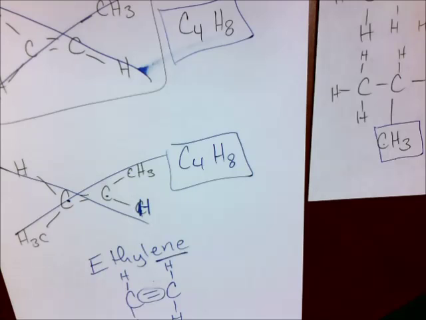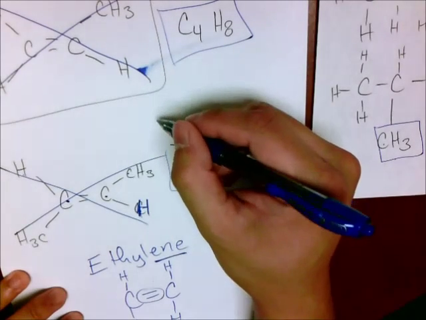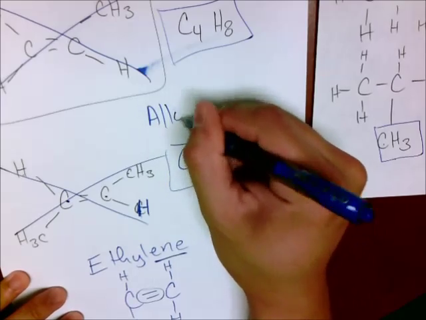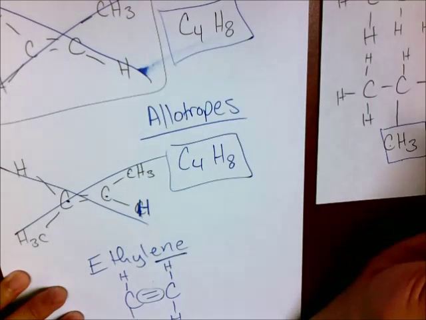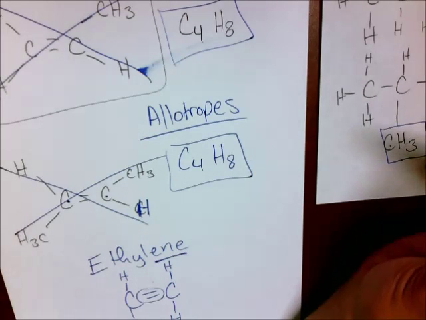Just keep in mind, you're going to get a question possibly on your mastery test where it asks you about how coal and diamond are similar. Just remember that they are allotropes. That word is A-L-L-O-T-R-O-P-E-S, allotropes.